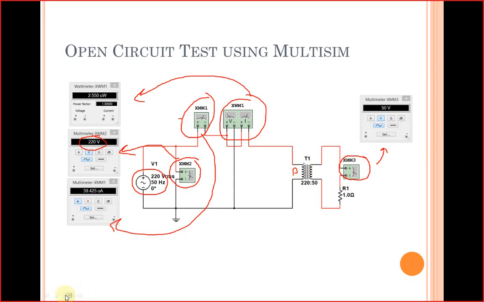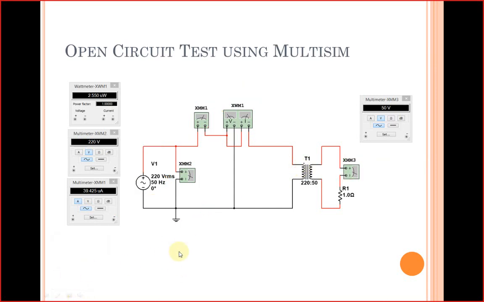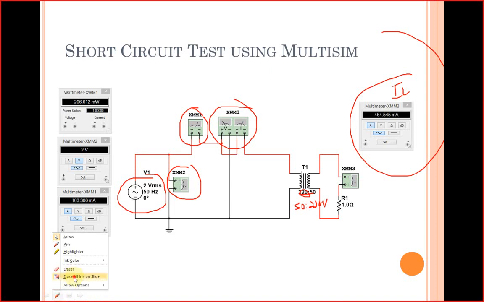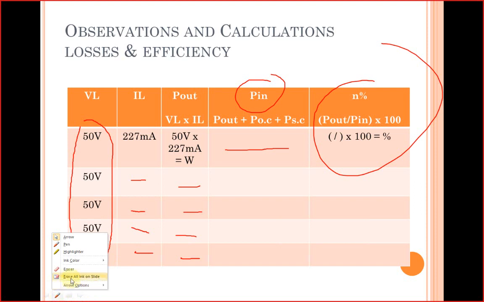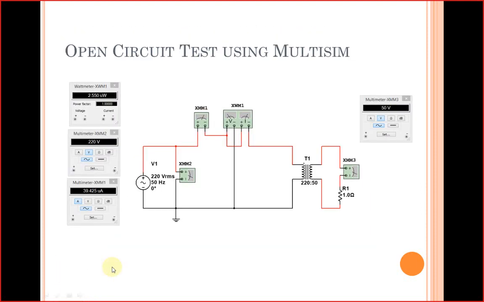So what I'm going to do now, first of all, I'm going to erase all these things, and I'm going to open Multisim now, and I'm going to make the diagrams on Multisim.